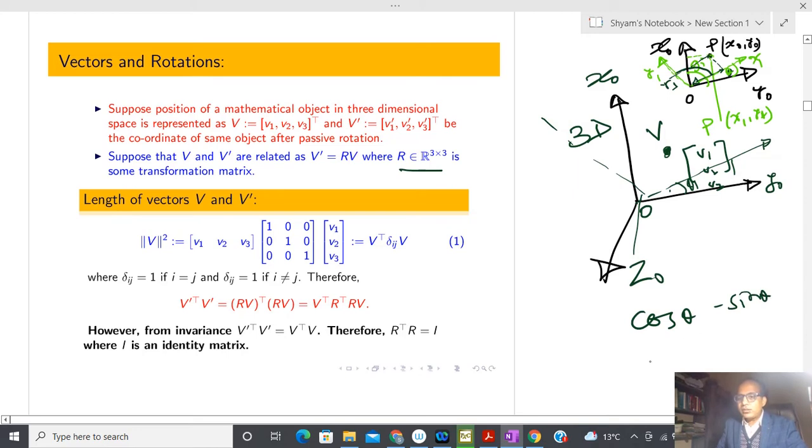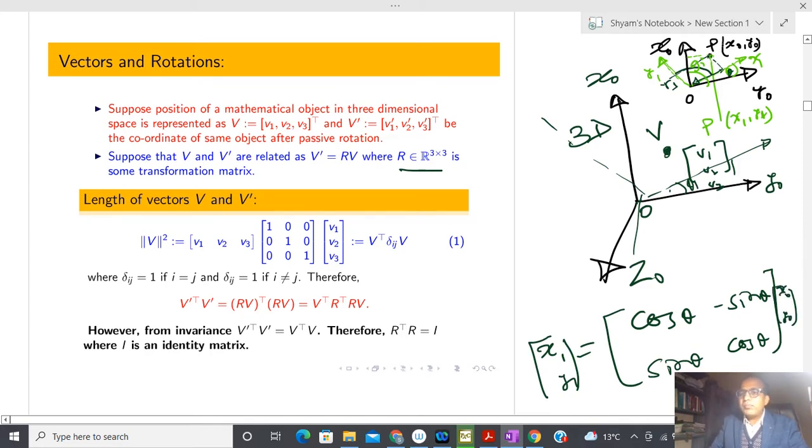You can actually verify by yourself. It is not difficult to verify. So now it is possible to show that one can represent (x1, y1) by this matrix acting on (x0, y0).